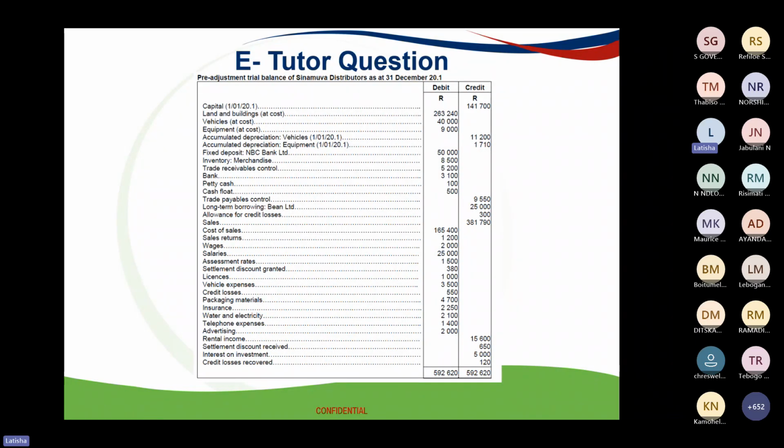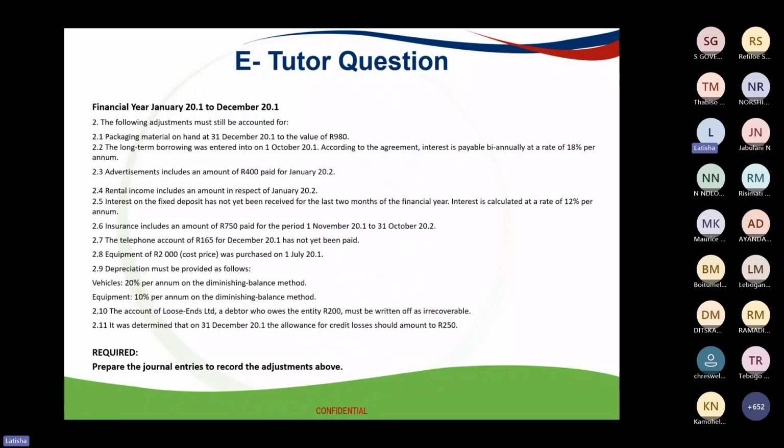And then the next thing would be, so what do we do with this information? What is the required? So they give us a whole section. They basically tell us the financial years from January to December 20.1, and they then give us additional information from 2.1 to 2.11. And they say, I will go through each of these individually as we go. The required says prepare the journal entries to record the adjustments above.